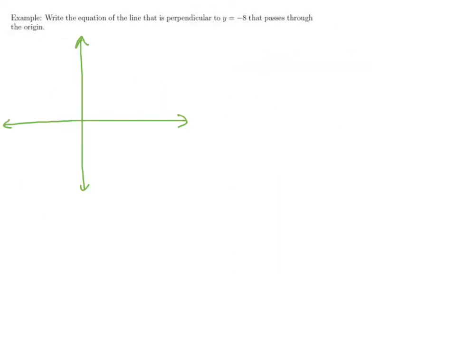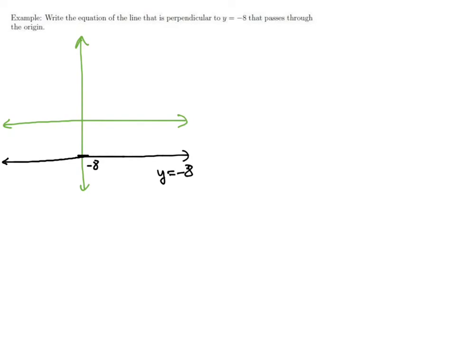And then on this last example, I think it's going to be helpful to look at the graph here. It says, write the equation of the line that is perpendicular to y equals -8 that passes through the origin. Well, the line y equals -8 is going to go through the y-axis at -8. So there's the line y equals -8.